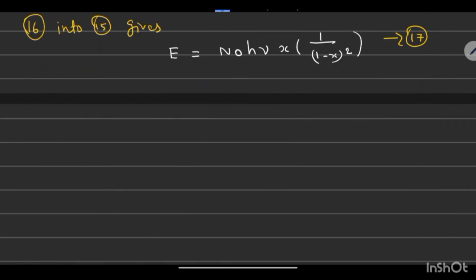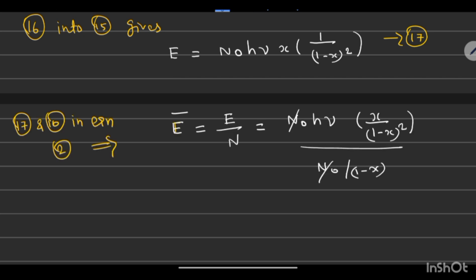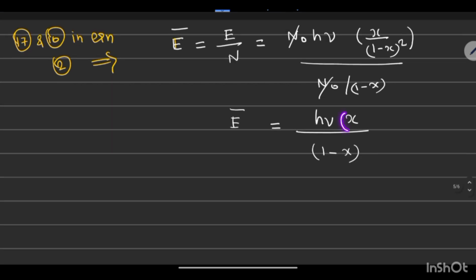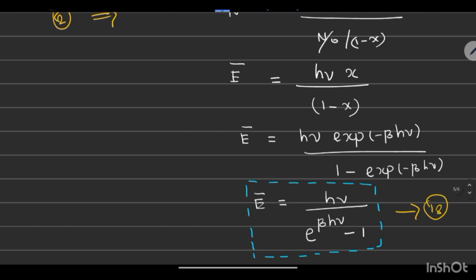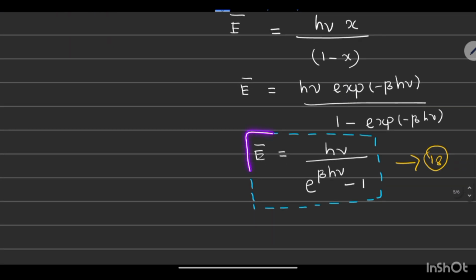Substituting this energy into the expression for average energy, one will get this expression, and simplifying this and substituting for the value of x we get this, and this is the final expression for average energy.